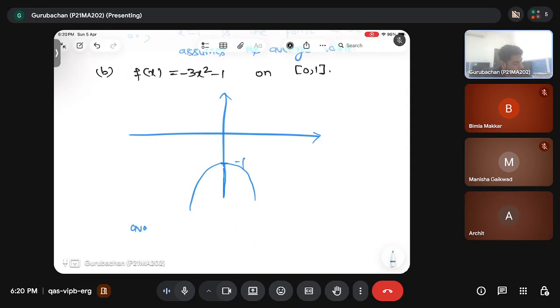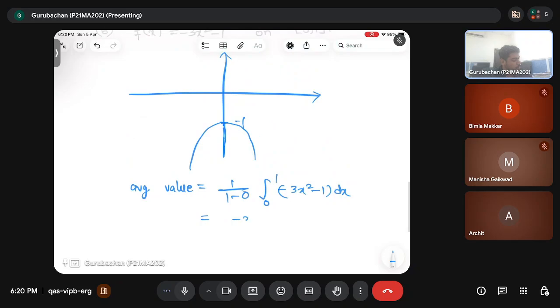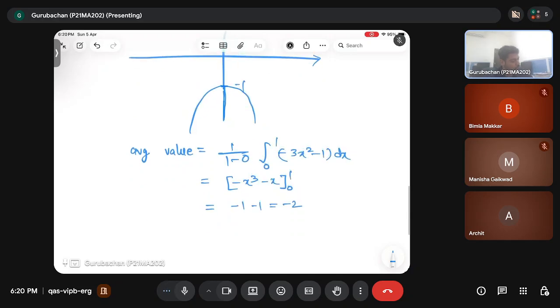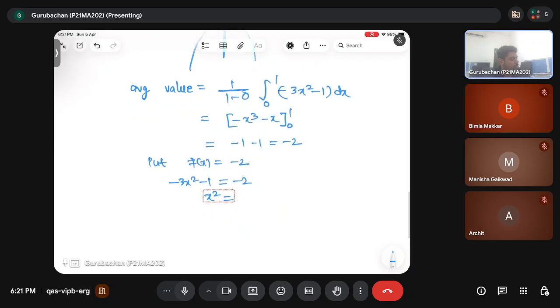Its average value can be calculated as 1 by (1 minus 0) integral 0 to 1 of (minus 3x square minus 1) dx, which will be equal to minus x cube minus x from 0 to 1, that will be minus 1 minus 1, that is minus 2. Put f(x) equal to minus 2, so 3x square is equal to 1, which gives x square equal to 1 by 3.